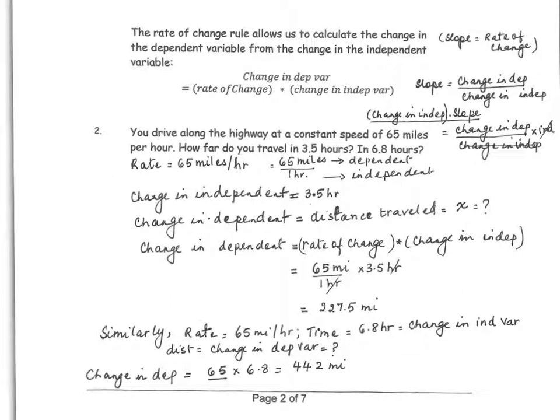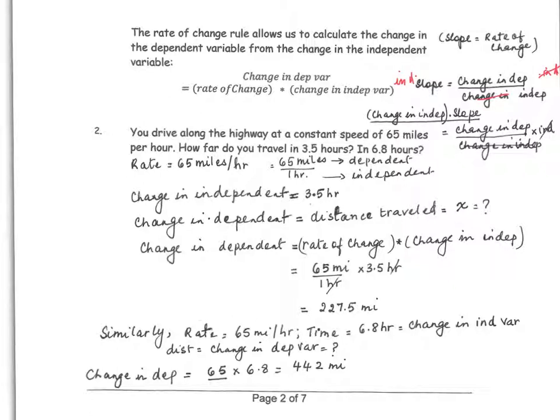Now, we know that the rate of change is the slope, which is the change in the dependent variable divided by the change in the independent variable. So if we multiply both sides by the independent variable, and that's what we've done here, the independent variable cancels with the independent variable on the right, and gets multiplied to the slope on the left.